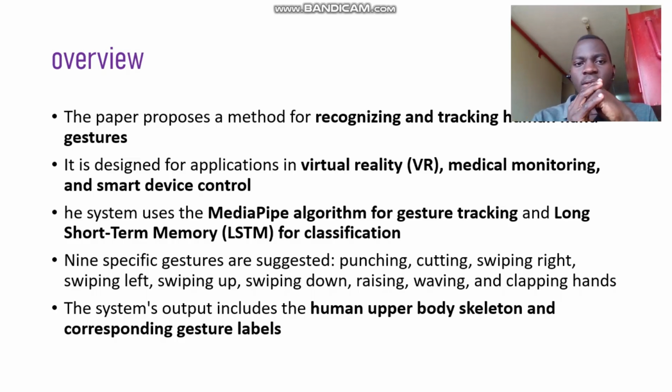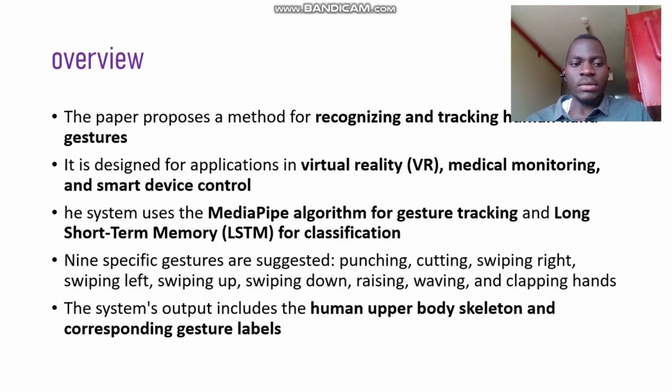So basically, they were trying to solve some problem in some applications like virtual reality, medical monitoring, and smart device control systems that use them. It uses the MediaPipe algorithm for gesture tracking and long short-term memory for classification.